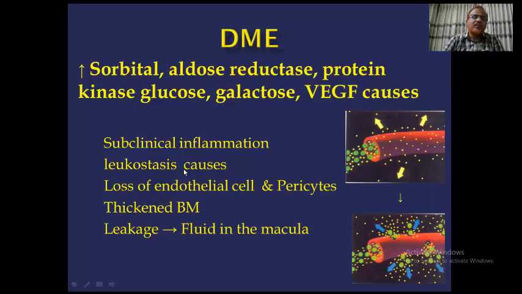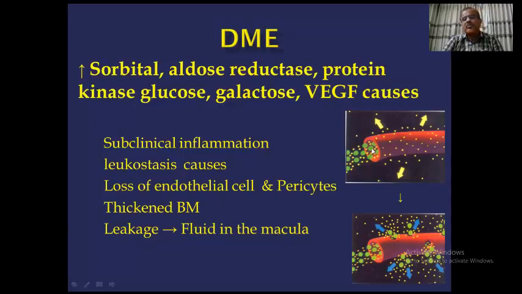In some individuals the peripheral capillaries of the peripheral retina are very sensitive to vascular endothelial growth factor. Those who have peripheral capillaries of high affinity towards VEGF develop these changes and leakage, and this leakage puts fluid in the macular tissue.